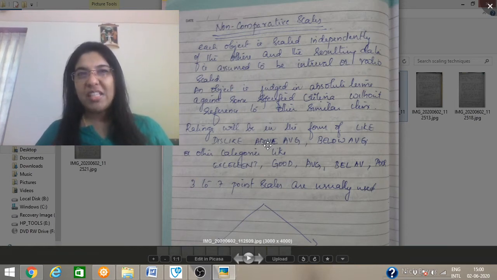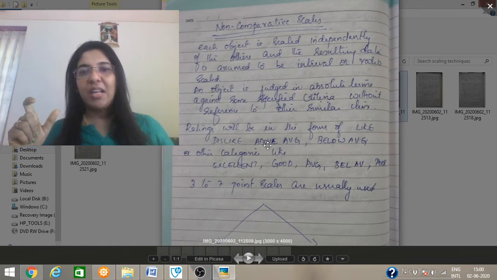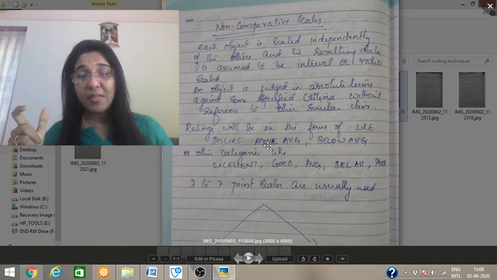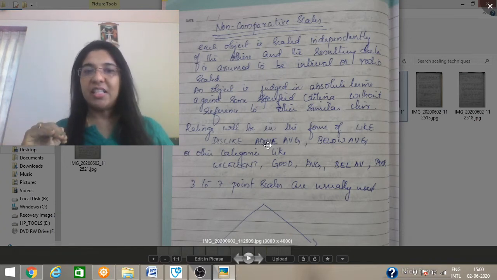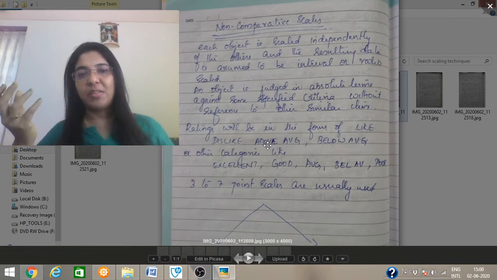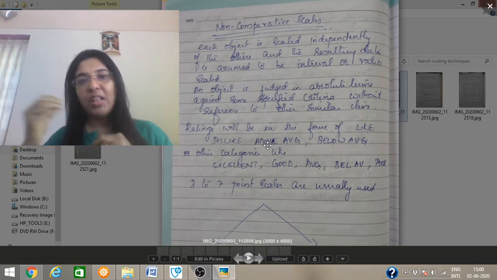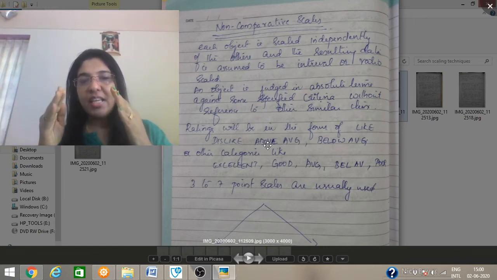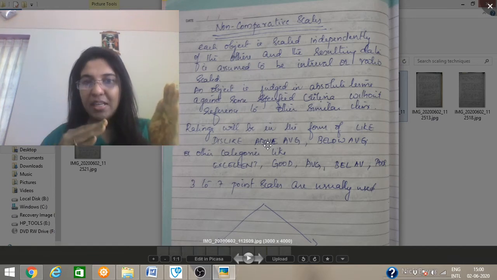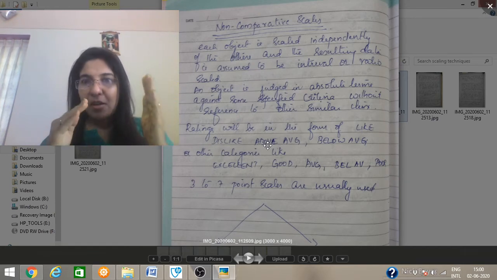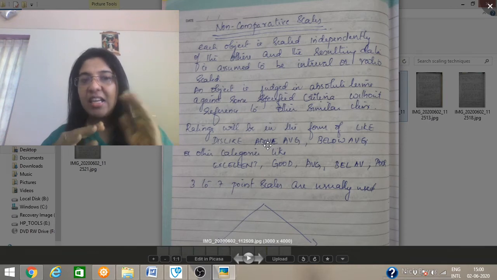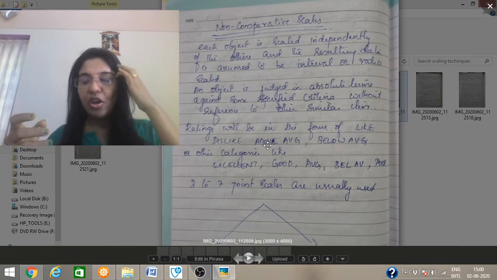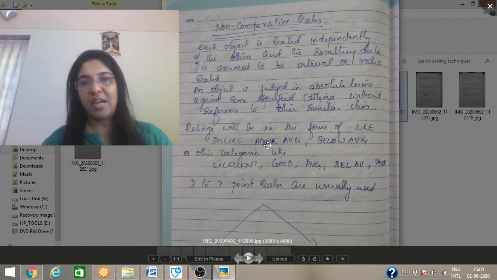The object is judged in absolute terms against some specified criteria, and you are not combining it with other different items. You take each variable as a separate entity based upon some specified criteria, not with reference to other similar items.